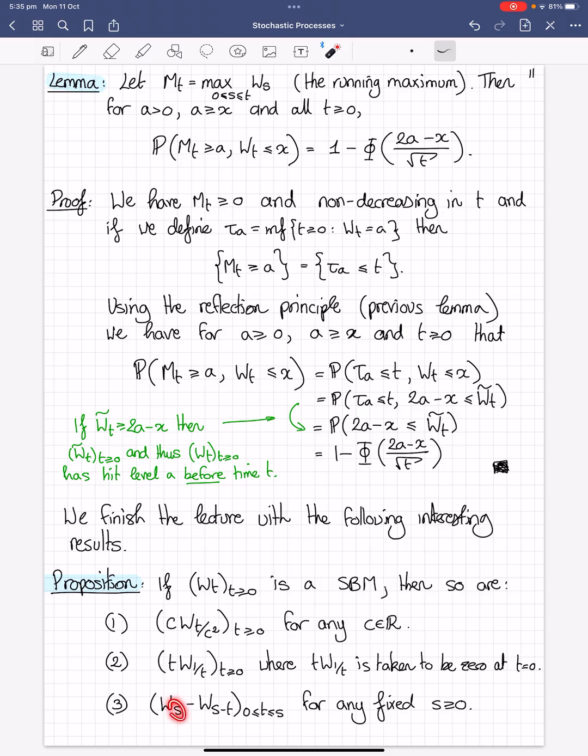And if s is some fixed time, then this is also a Brownian motion. So these are three interesting properties of Brownian motion. And again, to prove these results, you pretty much have to go back to the definition and prove that all those four properties hold. These are just some standard transformations of Brownian motion that are useful and that give back Brownian motions.